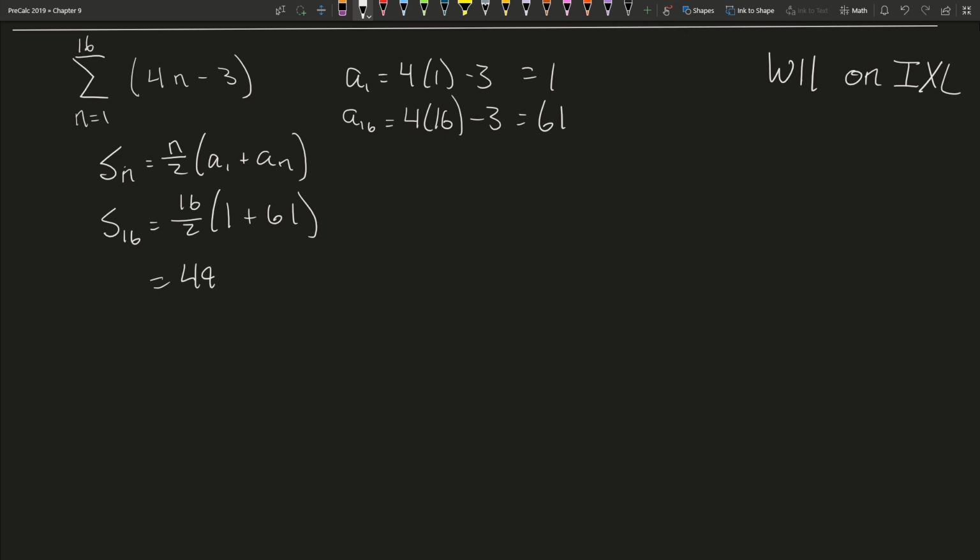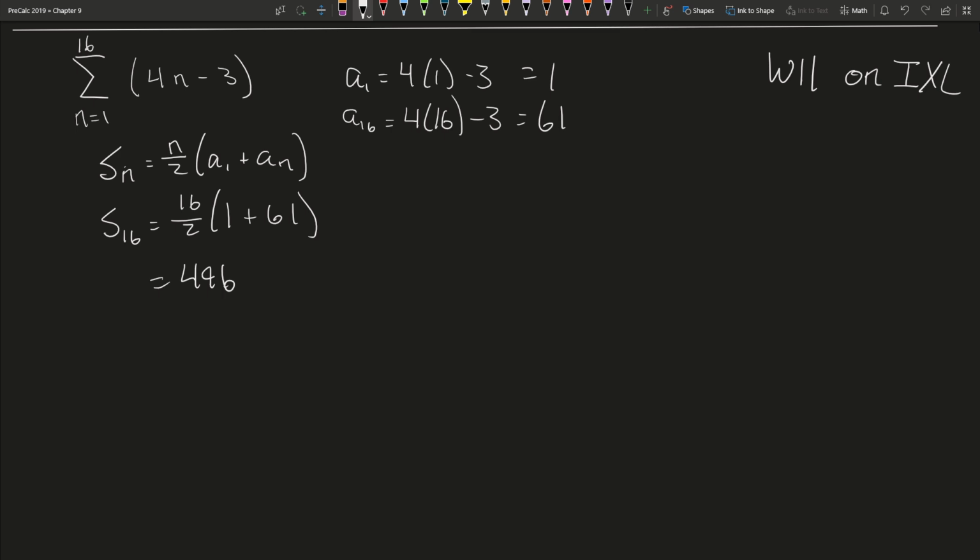So you should get 496. Okay, and that's just the answer. Okay. So that lower limit, that's your first term. Your upper limit, that's your last term. And then you just plug all of that into your equation and you get an answer.